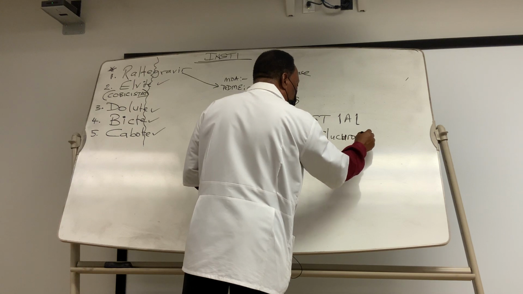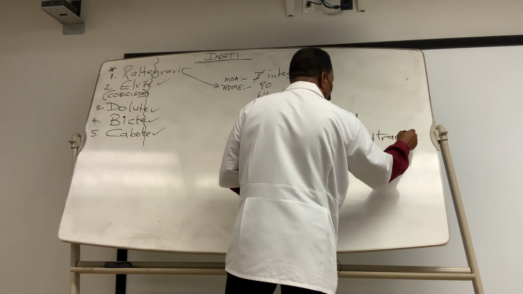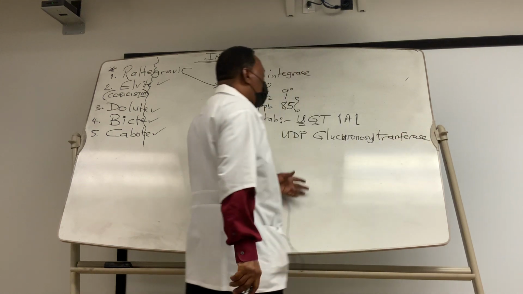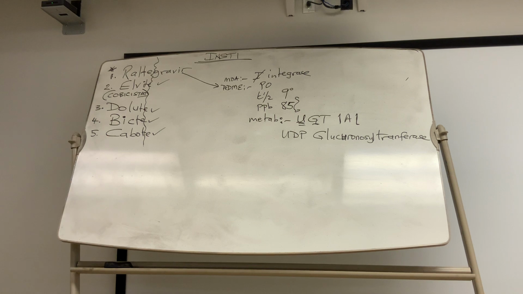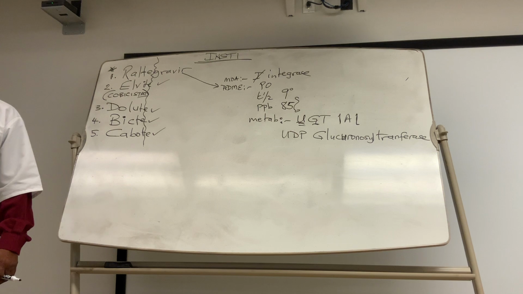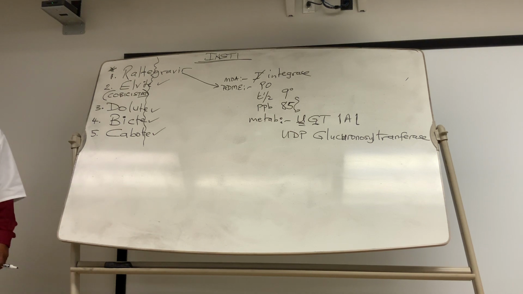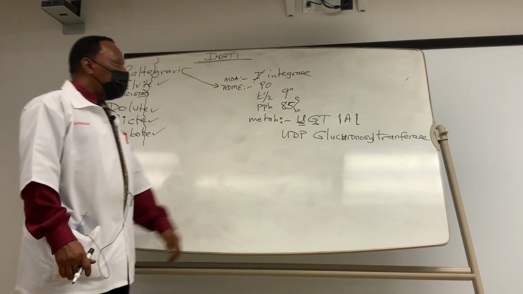So we'll say glucuronosyl transferase. That's the same enzyme group that metabolizes your baloxavir. Remember we discussed that. If you look in your notes, it will be right below your neuraminidase inhibitors. Okay. Baloxavir is also metabolized by that group.